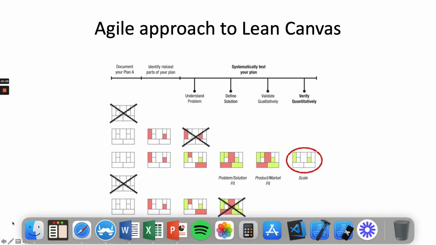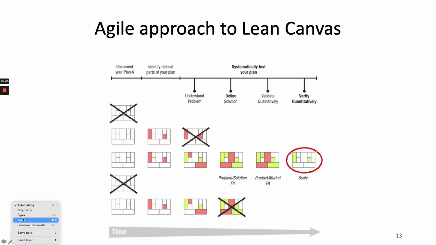Actually I'll use this pen because it won't disappear. So you have A, B, C, D, E. In the first step, okay, my idea A, I don't like it. I don't like idea D. Then you start understanding the problem, and okay, idea B is not good because, for example, I can't find the solution for the problem.